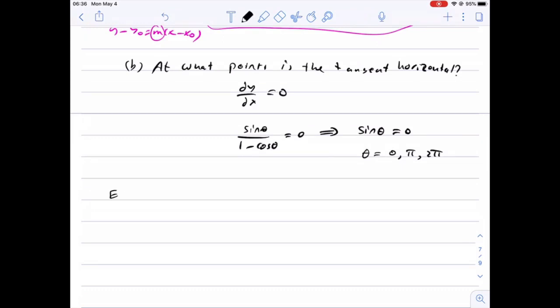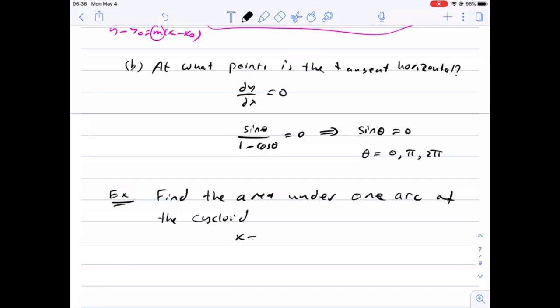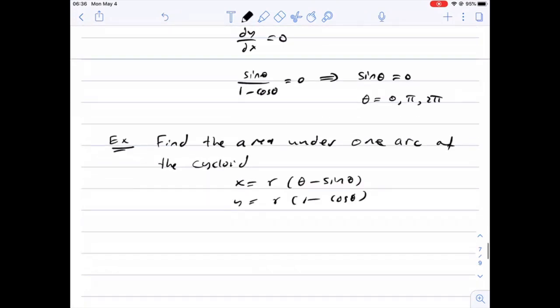Now let's take another example. Our last example here in this video is about the area. Find the area under one arc of the cycloid, x equals r times theta minus sine theta, and y equals r times 1 minus cosine theta.